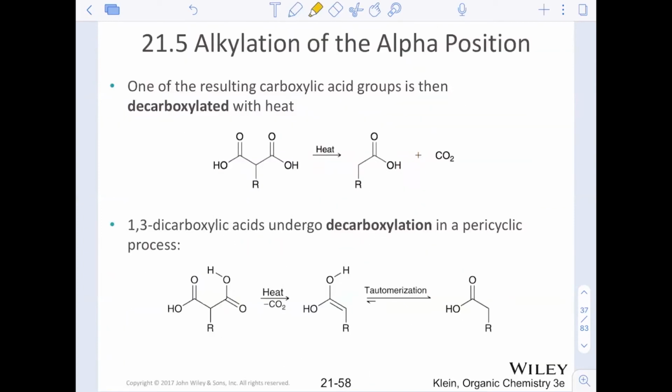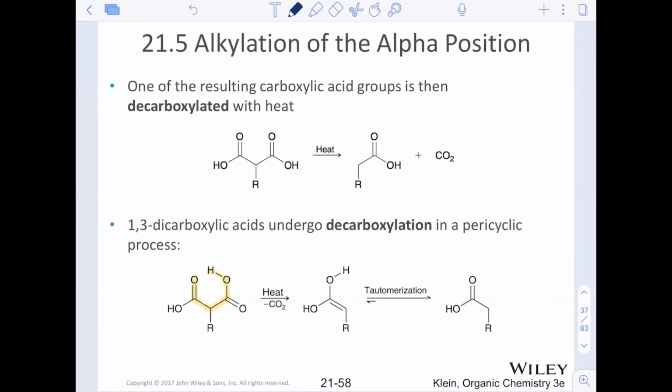If we decided to use heat, one of the resulting carboxylic acids can then be decarboxylated. And it is involving an intramolecular style reaction where we are driving off carbon dioxide. So notice here in the very bottom, we've rearranged our dicarboxylic acid in order to see that six-membered ring formation again.